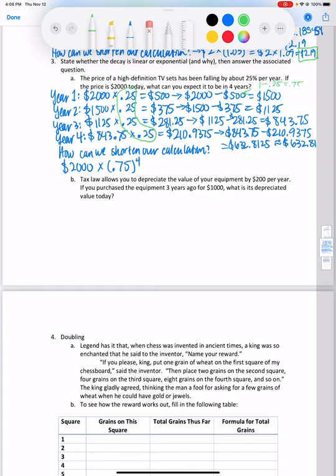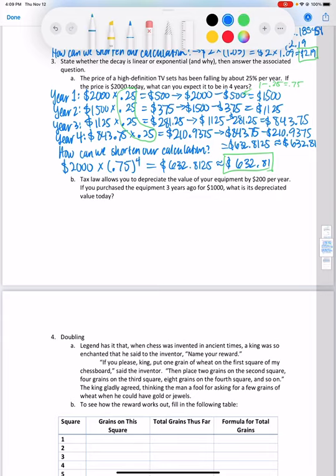So I'm actually taking 75% of the price every time. I do that 4 times, so I take that to the 4th power, and that is equal to 632.8125, which is about equal to 632.81. Is my answer.